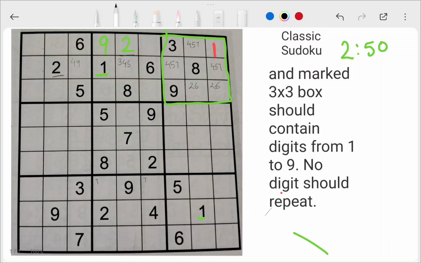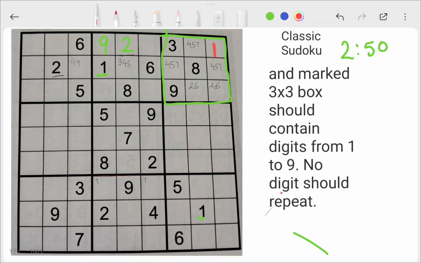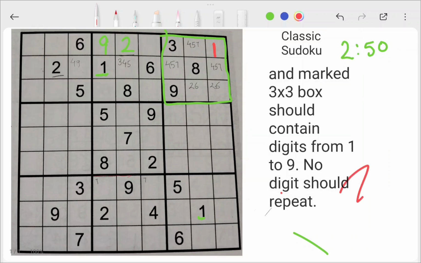Scan some more. Okay, now check this box 7th. Alright.